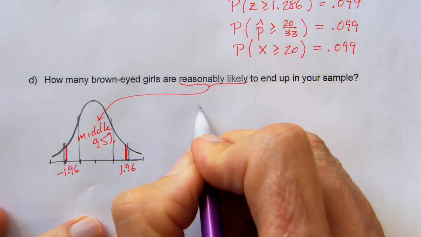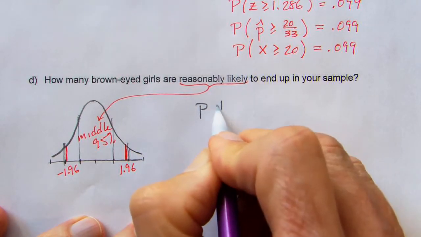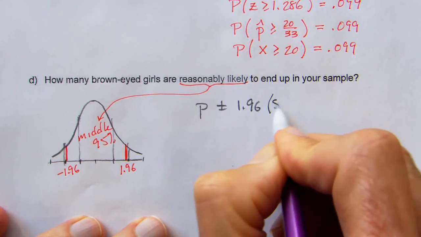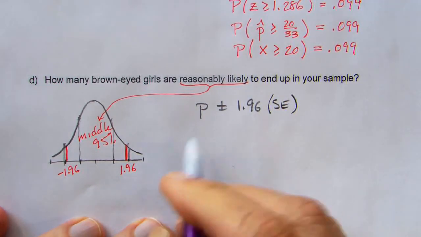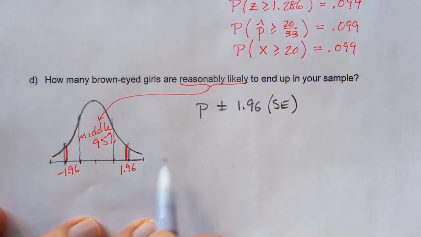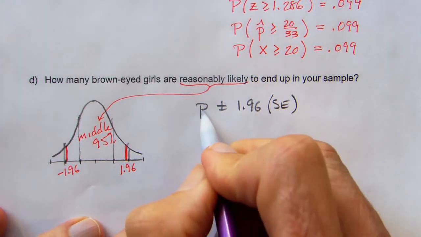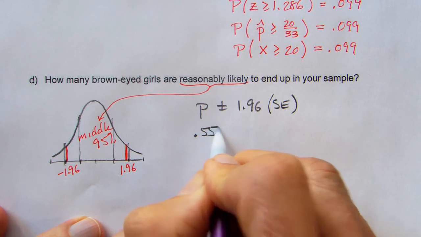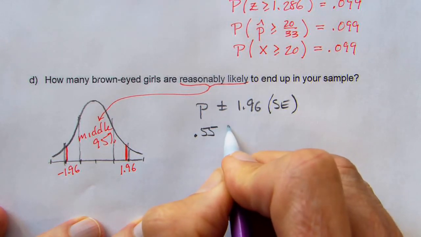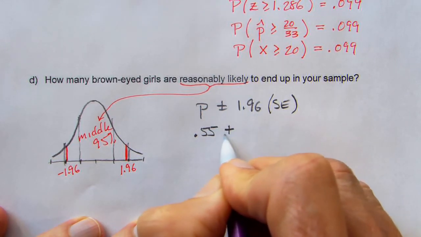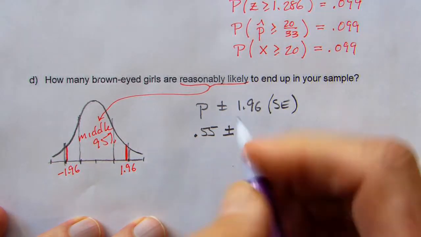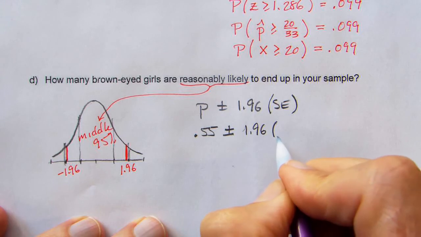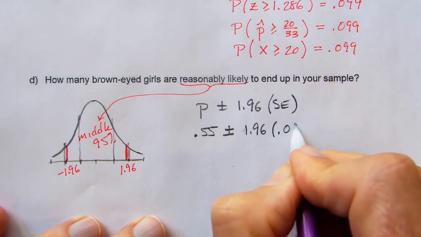So in terms of a formula, it would look something like this. And if we now wanted to apply it to this specific problem, we're saying, well, we're expecting 55% blue-eyed girls. Pardon me, brown-eyed girls. What am I thinking? Sorry, Van. And then we have our 1.96, and our standard error is 0.091.